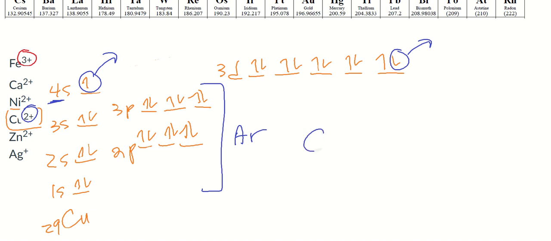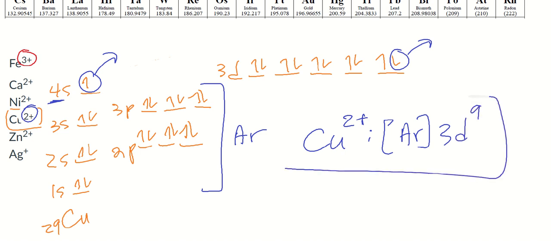So to write the electron configuration of the copper 2+ ion, we can put argon in brackets, and then whatever is remaining. There's nothing here now. The only electrons that are remaining are the 9 electrons in the 3d. All right, so there's your electron configuration for the copper 2+.